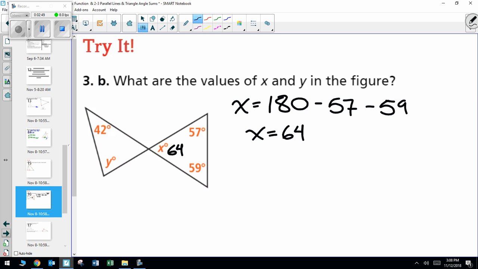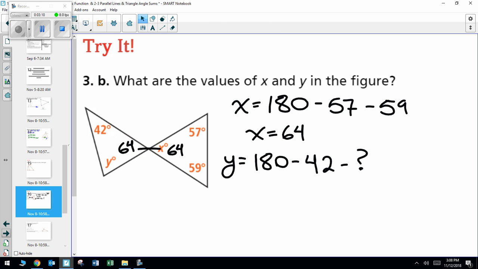And in order to find y, I need to know 2 out of the 3 angle measures, and I only know 1. So what's the other angle measure that I'm going to take away? Well, if I look at the relationship between these angles, these are vertical angles. And vertical angles have the same measurement.